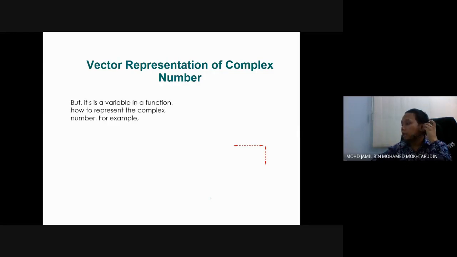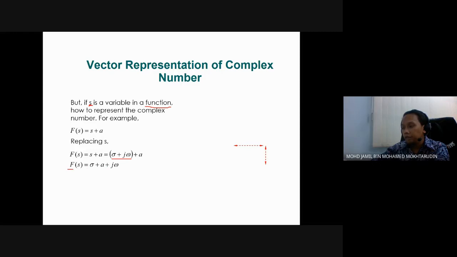Okay, so let's look at another thing about complex numbers. Let's say we have a function that depends on S. For example, F(s) equals S plus A. You can replace S with sigma plus j omega.